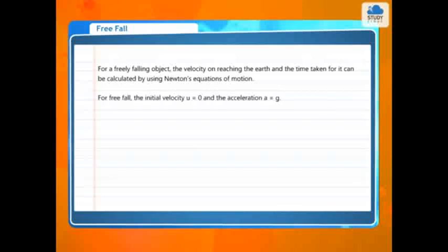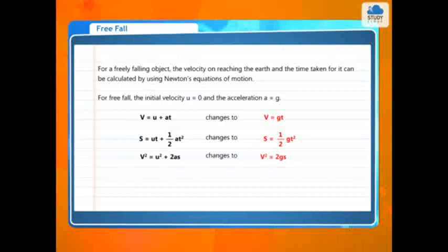For free fall, the initial velocity u is equal to 0 and the acceleration a is equal to g. v is equal to gt, s is equal to 1 upon 2 gt square, that is half gt square. v square is equal to 2gs.